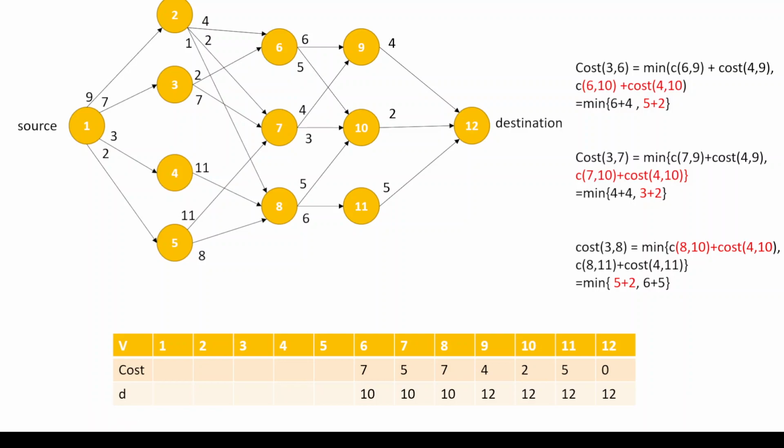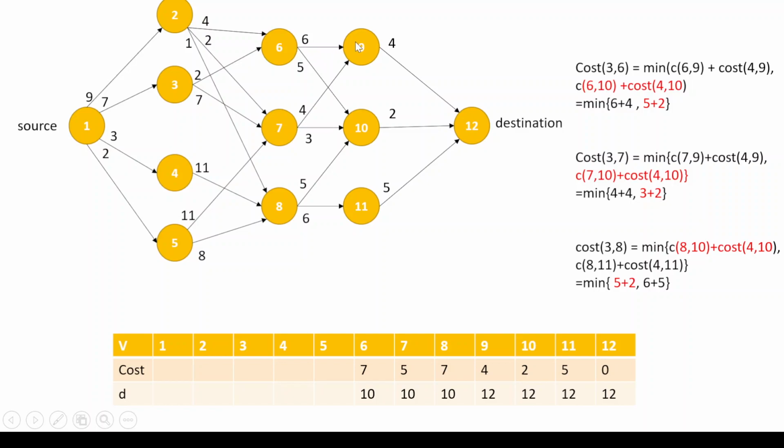So we need to find which is the minimum cost from each of the vertices in the third stage. Third stage we have three vertices, that is 6, 7 and 8. We need to find what is the minimum cost to reach 12 from 6. So we'll say cost of third stage sixth vertex is minimum of the cost of this edge, that is the edge from 6 to 9, that is written as C of 6 comma 9.